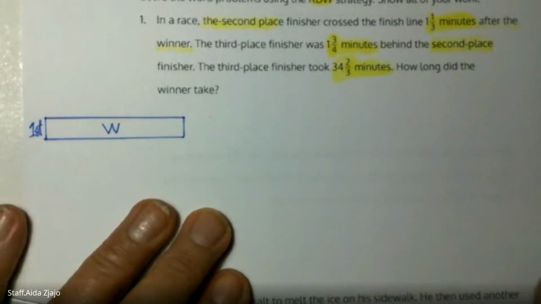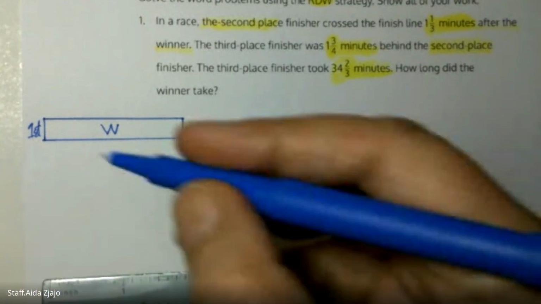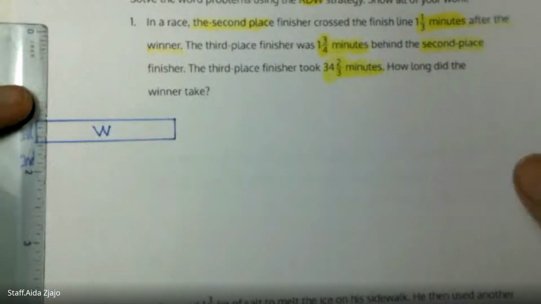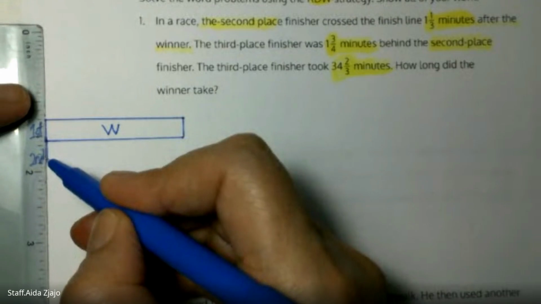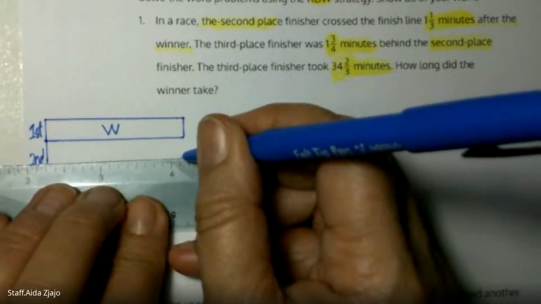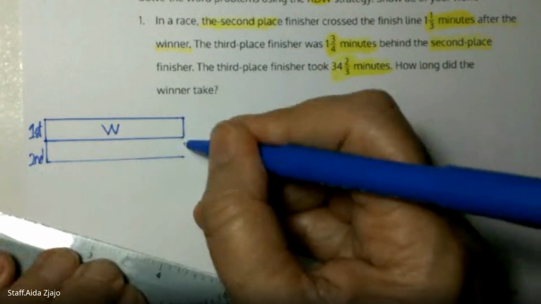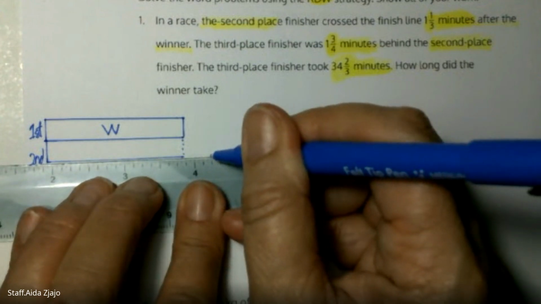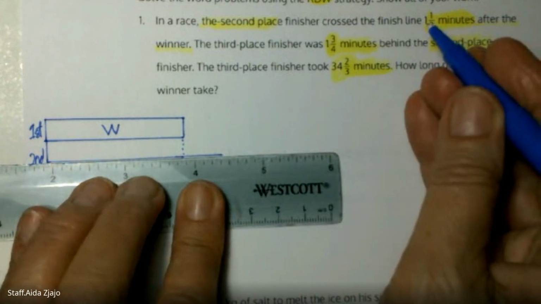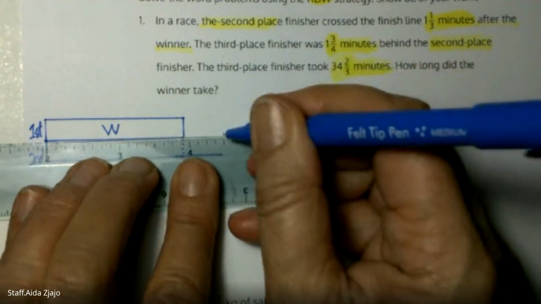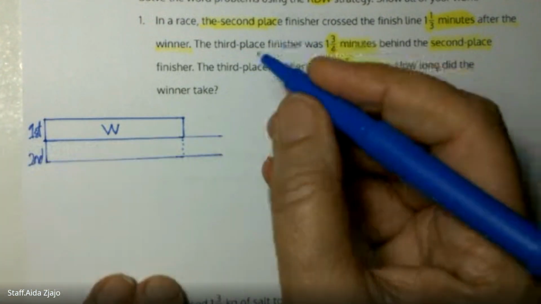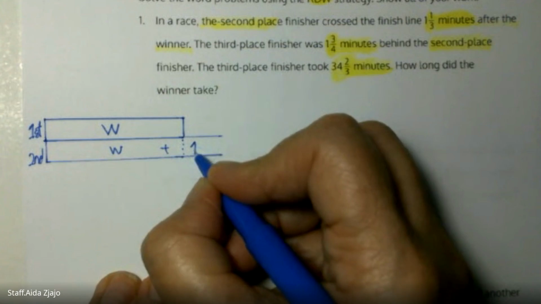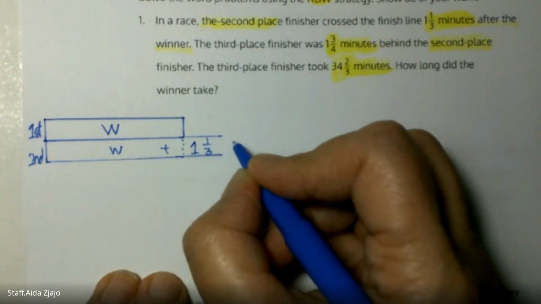The story said the second place, if they were the same, the tape diagram would be the same, correct? But it's not. This one was after the winner by 1 1/3 of a minute. So this is going to be the winner plus 1 whole and 1/3 of a minute.